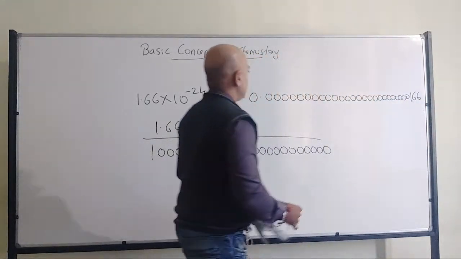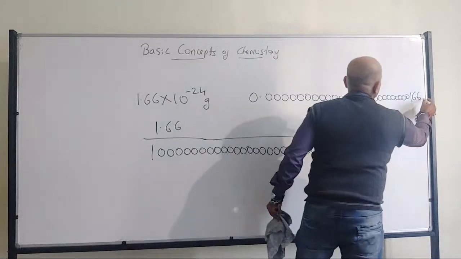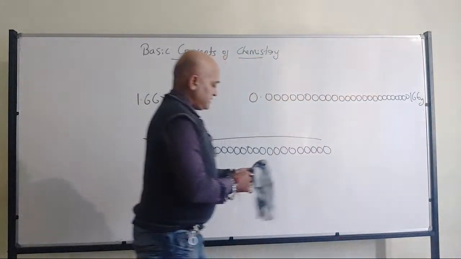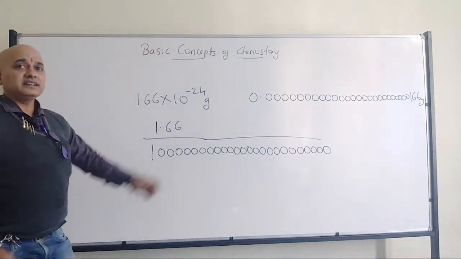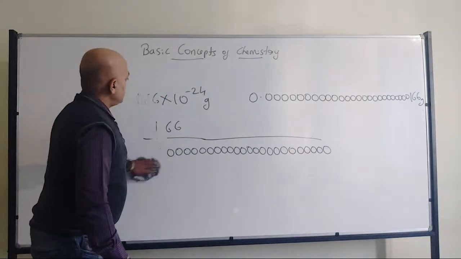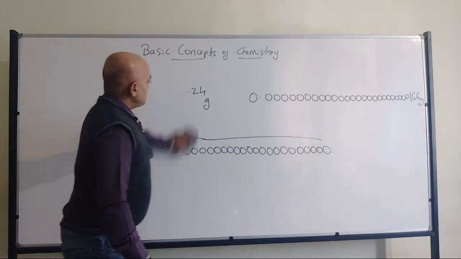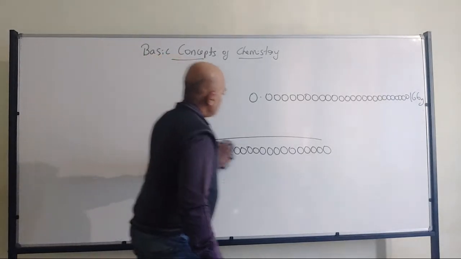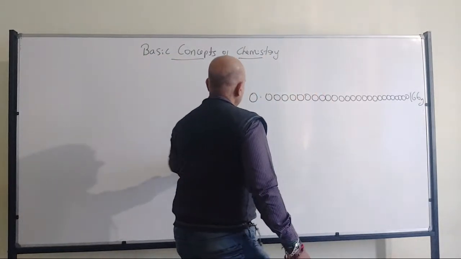Oh my god. It will be very tedious, right? It will be very tedious. That shows the importance of scientific notation. So that's where we have the importance of the scientific notation.